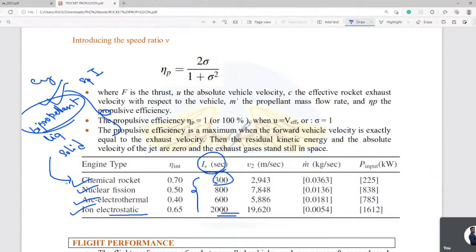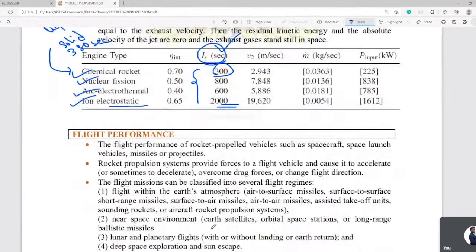If they use the cryogenic, choose the cryogenic one, which is close to 450 seconds, whereas solid is around 380 seconds. Just focus on the specific impulse and its parameters, and how they're connected.